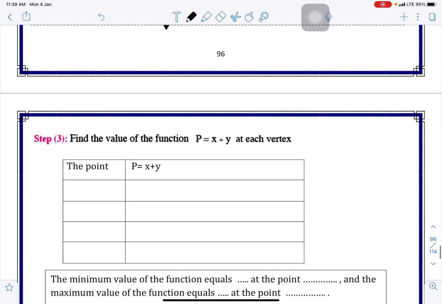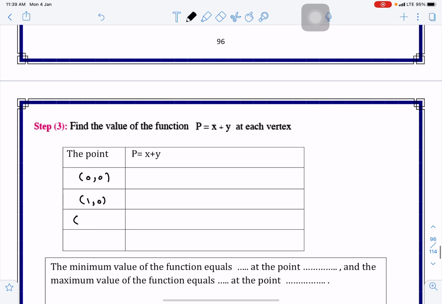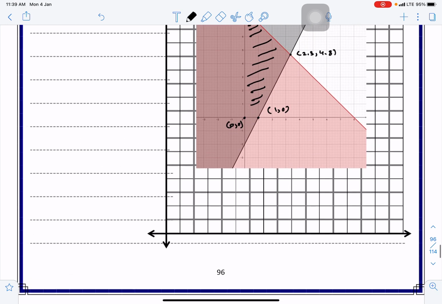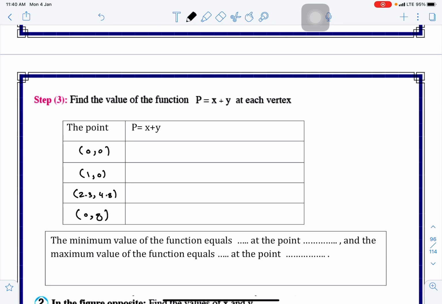The first point, 0 and 0. Second point, 1 and 0. Third point, 2.3 and 4.8. Fourth point, 0 and 8. We substitute in this equation.